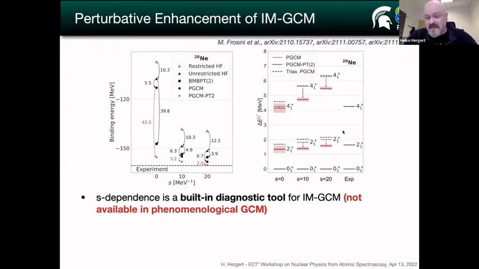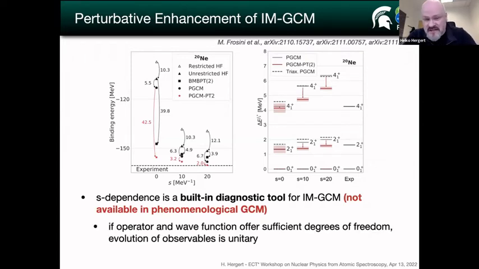So that is an indicator that some correlations are still missing, because if we had a reference state and an IMSRG evolution that are sufficiently complete, let's say IMSRG(3) and a rich reference, then the evolution for particular observables should be unitary, and you should not get any S dependence anymore. And you see that this is true for the 2+ excitation energy, more or less here.